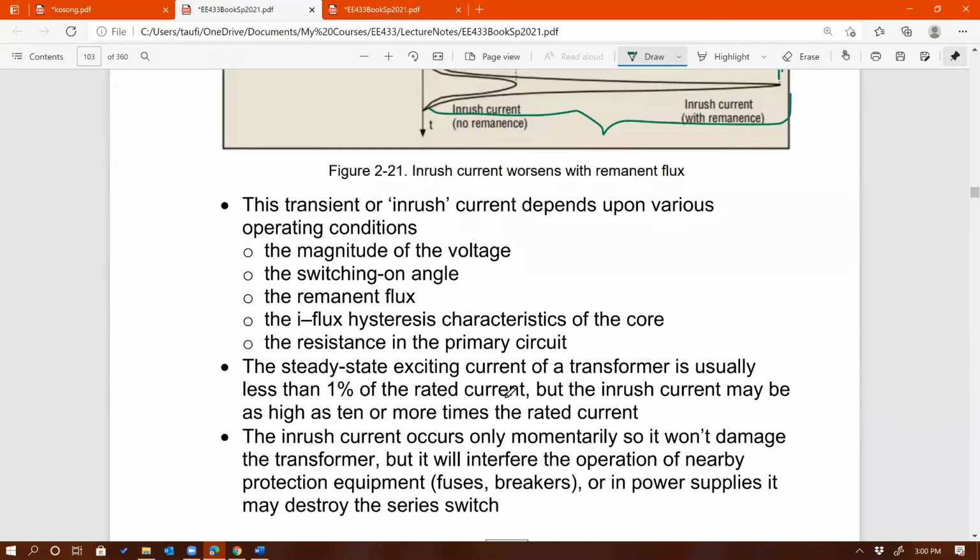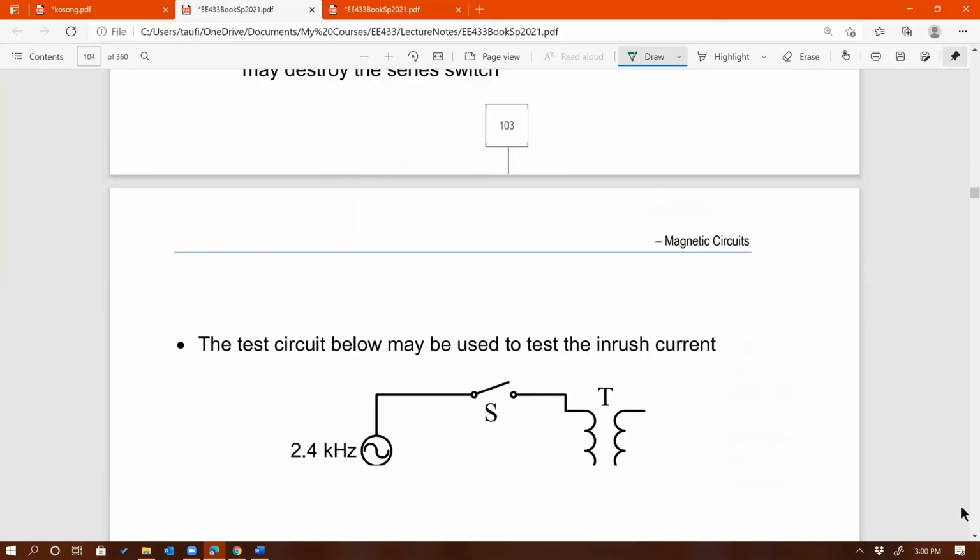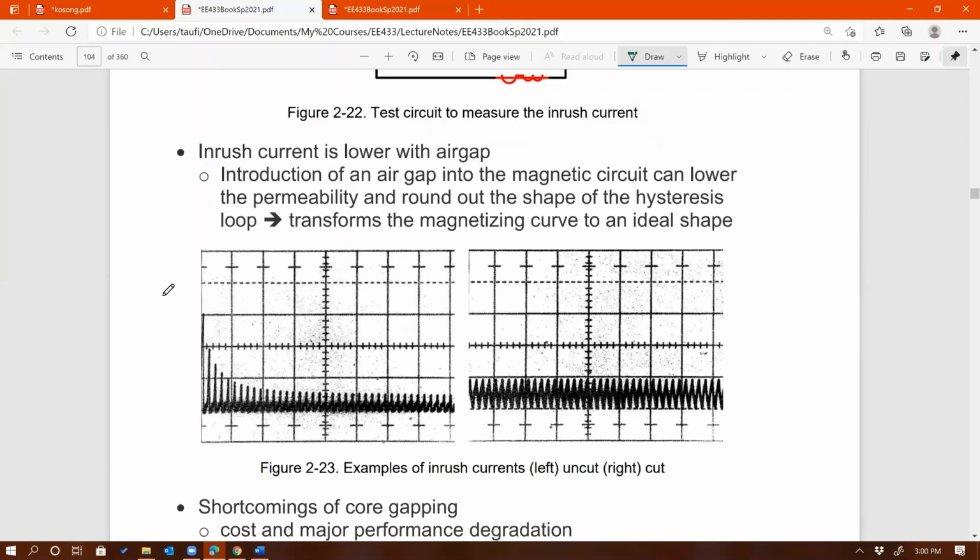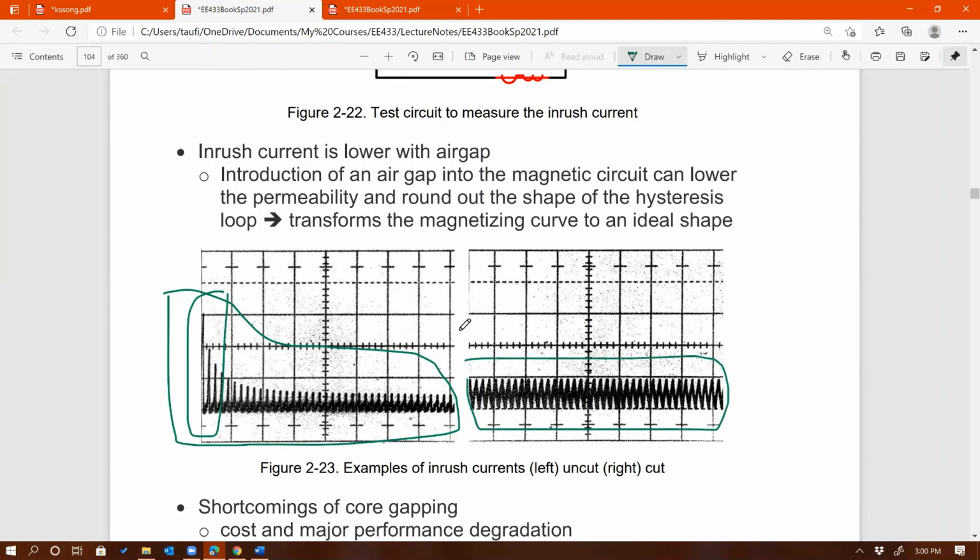I should have a picture of that right there. Without the air gap, you can see the inrush current at the beginning is pretty high. But after the air gap is introduced, the inrush current at the beginning is pretty much gone. See that? Okay. That is it for today.